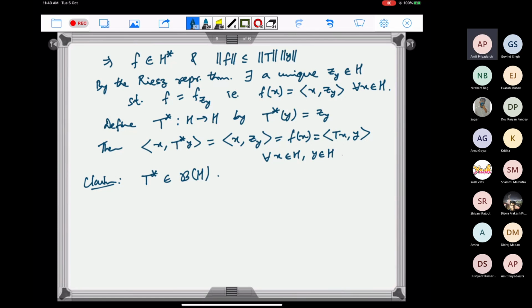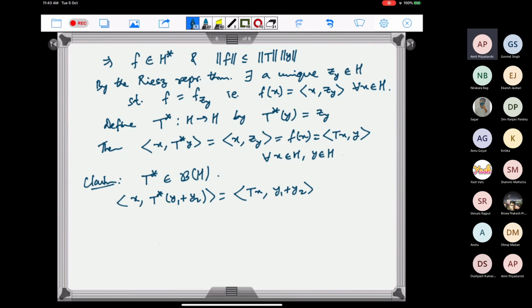If we take y1 plus y2, then x inner product with T star of y1 plus y2 is equal to Tx inner product with y1 plus y2.